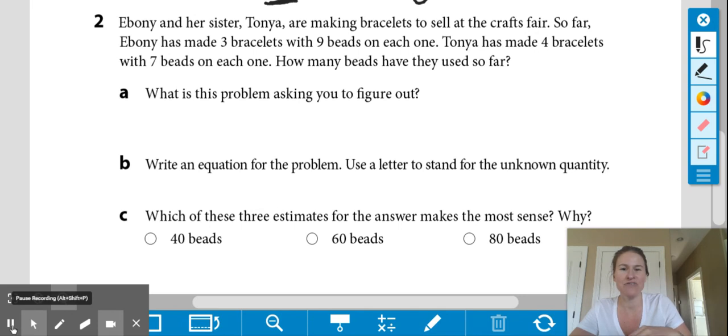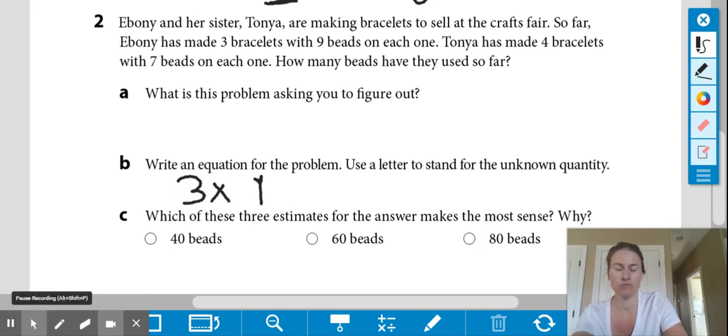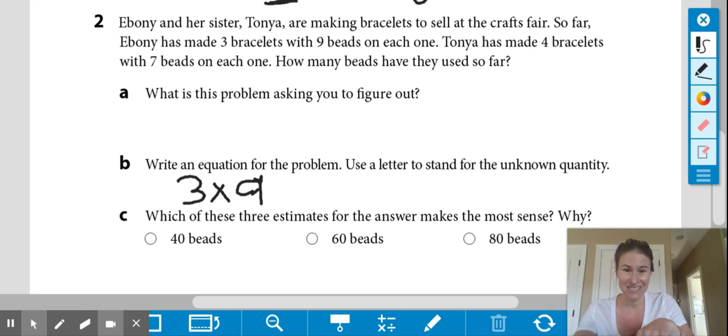Okay, so we're going to write an equation for this problem. So I've noticed that Ebony has made something. She made 3 bracelets with 9 on each one. That in itself is a multiplication problem, a 3 by 9. But then the sister, Tanya, has also made bracelets. She's made 4 bracelets with 7 on each.